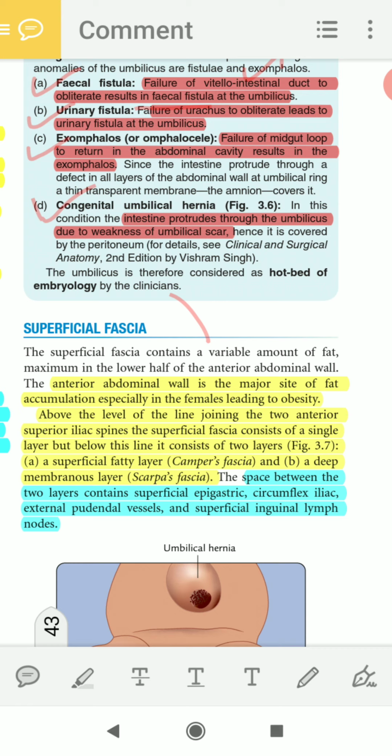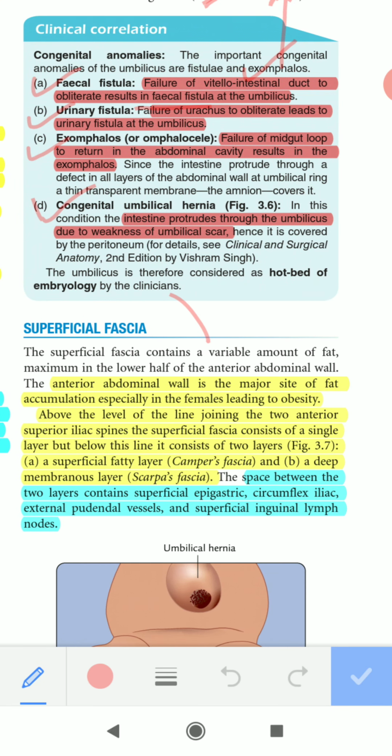The superficial fascia, at the level of the joining of the two anterior superior iliac spines, consists of a single layer, but below this line it consists of two layers.